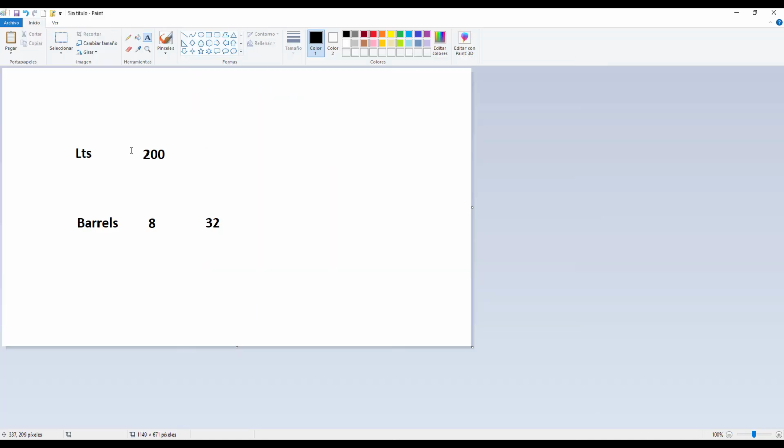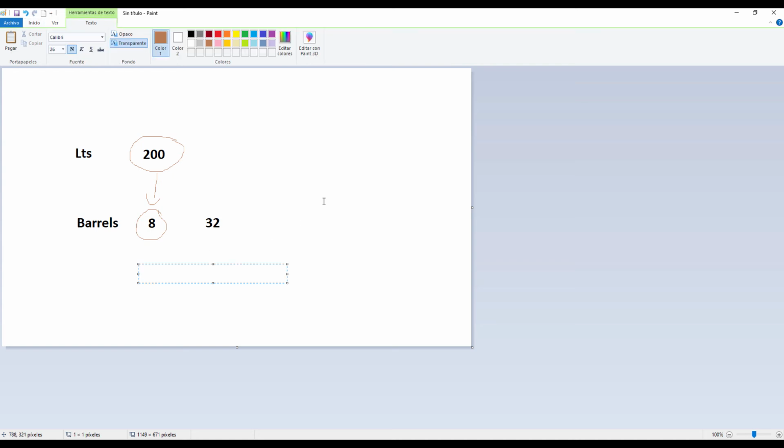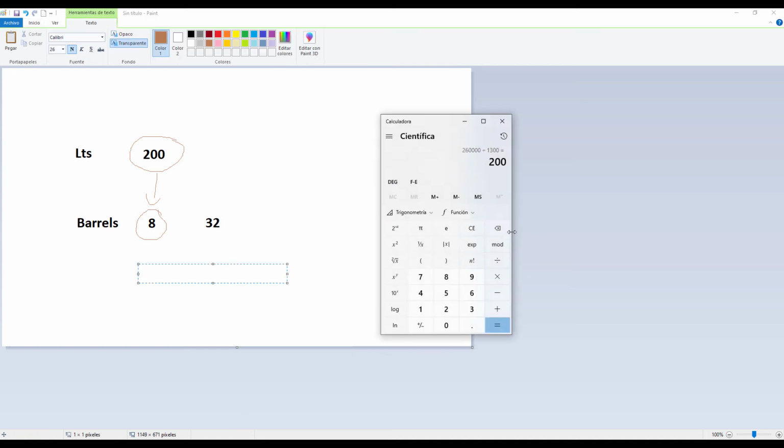Because if you look for how many liters is the total amount of wine, you need to multiply that information. I will do that: 8 times 200.